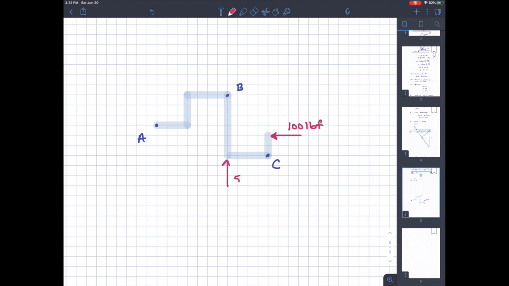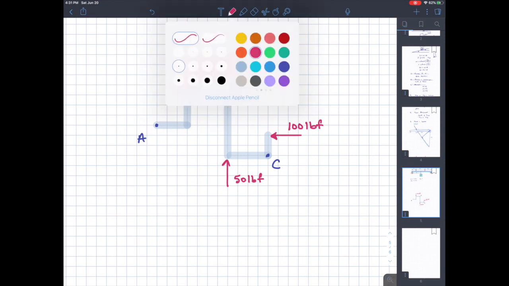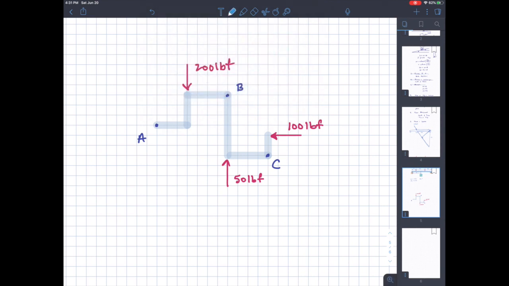We'll call that a 50-pound force. And a third one, let's put that here. 200-pound force.